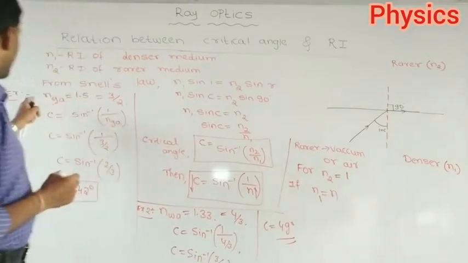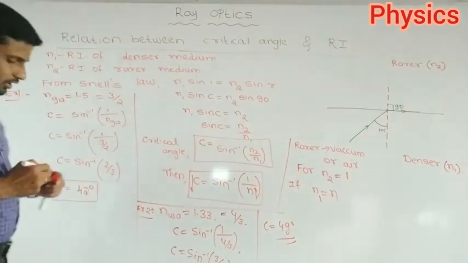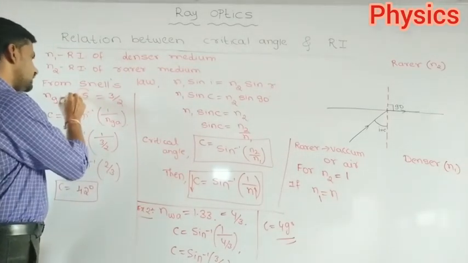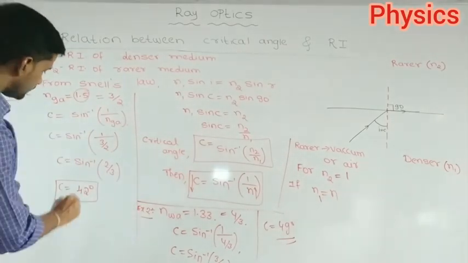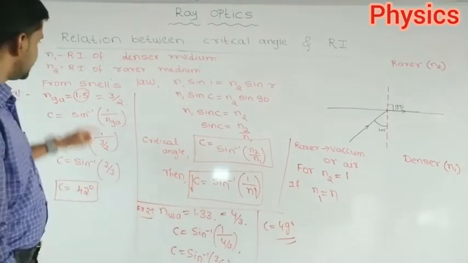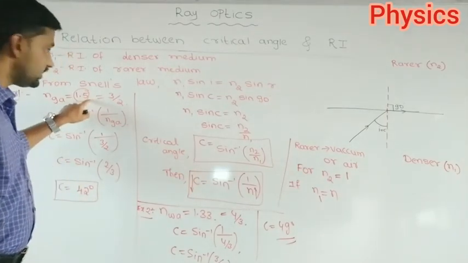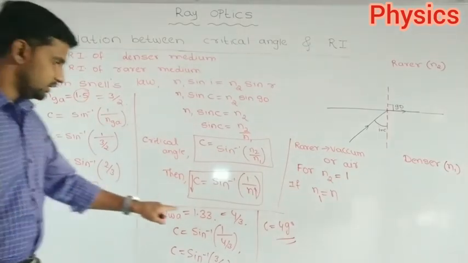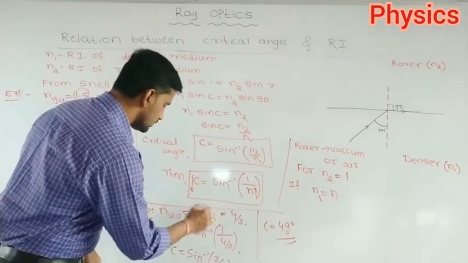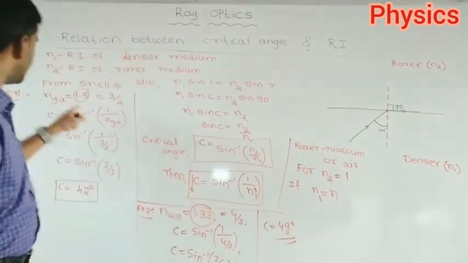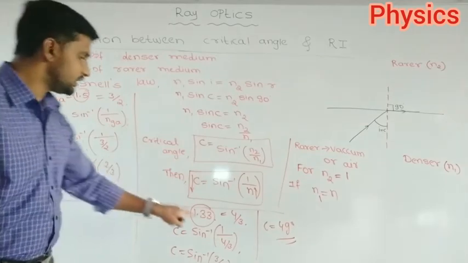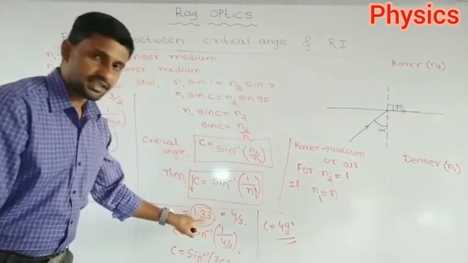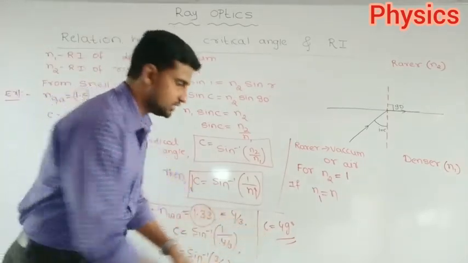From these two examples, you can understand that if the refractive index is 1.5, then the critical angle is 42 degrees. Here the refractive index is more, so the critical angle is less. In the other case, the refractive index is less, 1.33 compared to 1.5, so the critical angle is more.